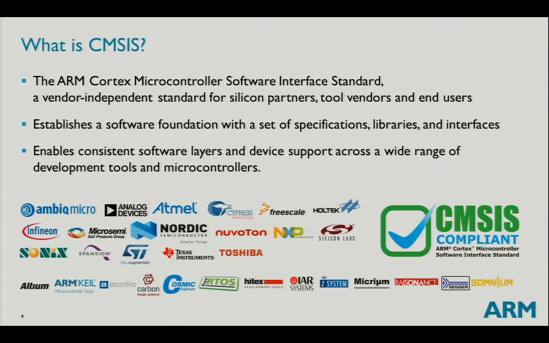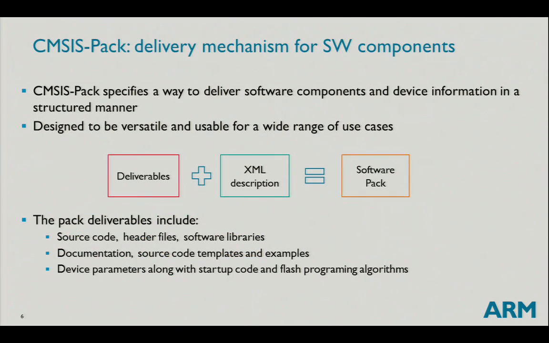This standard sets the foundation that enables creating and distributing reusable components. Distribution is also a part of the CMSIS standard, and this is called the CMSIS-Pack specification. It's a delivery mechanism of software components and device information in a structured way.